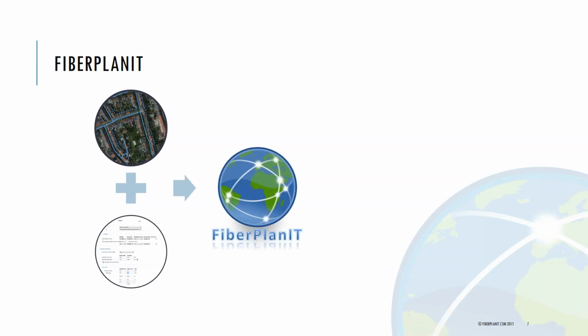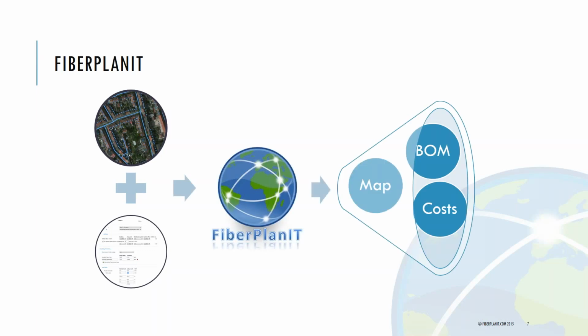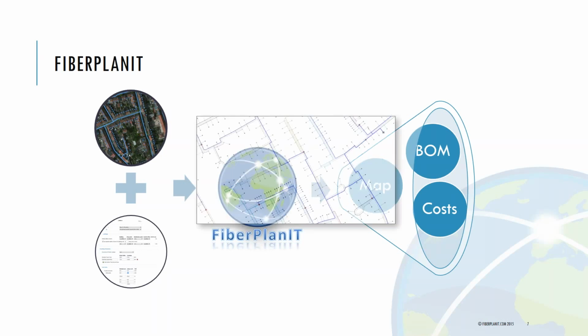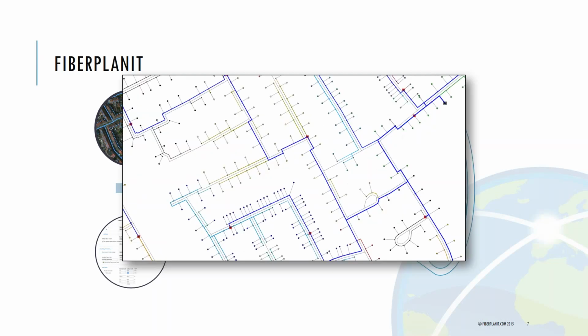Now with these two inputs fed into FiberPlanIT, FiberPlanIT will do an automatic calculation of an FTTx network for that area according to those rules. And you will receive a geographical output that shows you how FiberPlanIT suggests to create the network in this area.